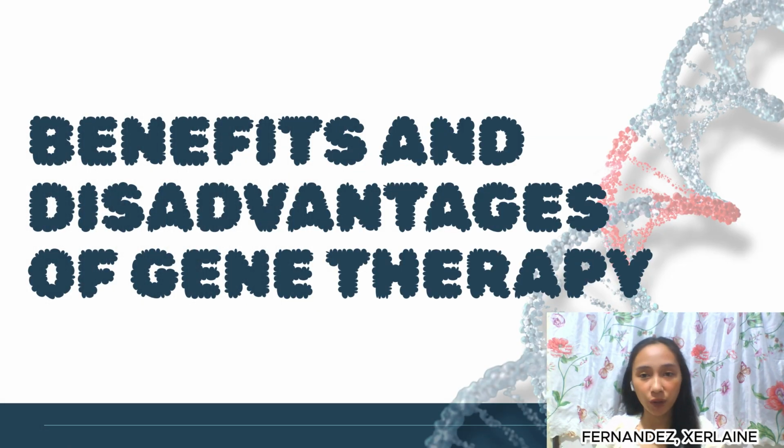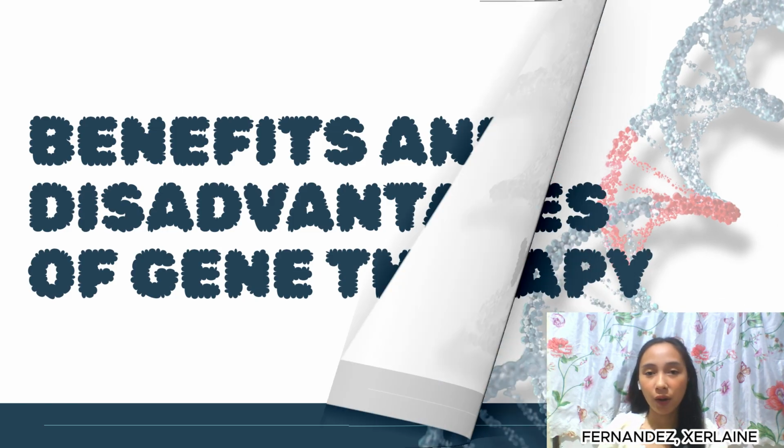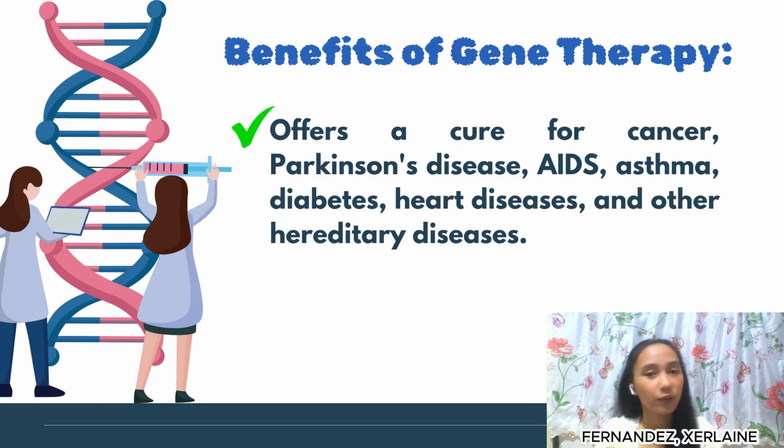Now, let's move on to the benefits and disadvantages of gene therapy. For its benefits, first, it offers a cure for various serious diseases like cancer, Parkinson's disease, AIDS, asthma, diabetes, heart diseases, and other hereditary disorders. This makes gene therapy a revolutionary tool in modern medicine.